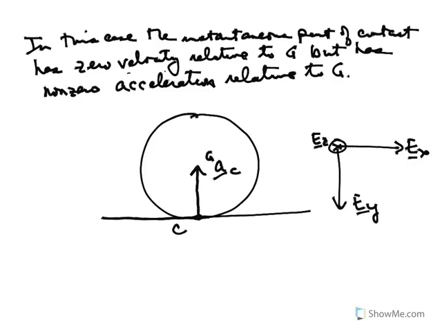So as a result, I actually can see that the acceleration points in the negative EY direction. So if I go back to the original picture, the acceleration actually points in the direction from C to point O, because point O was up here. So it actually points in that direction. It points towards the center of the disk.